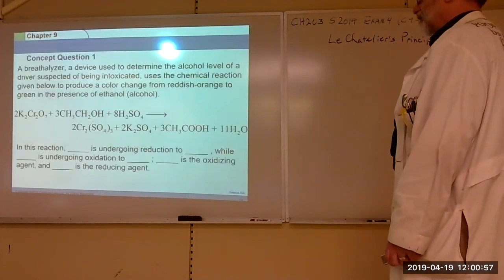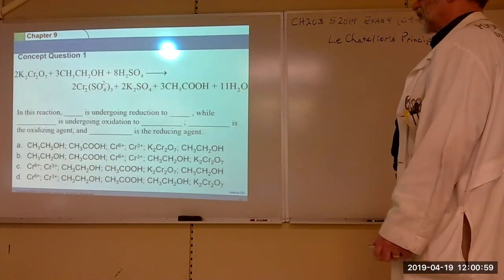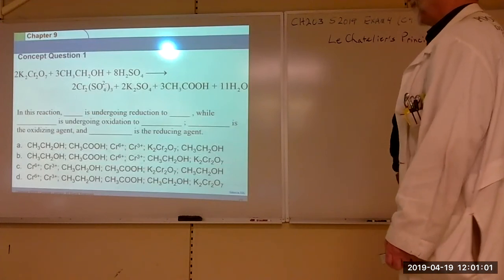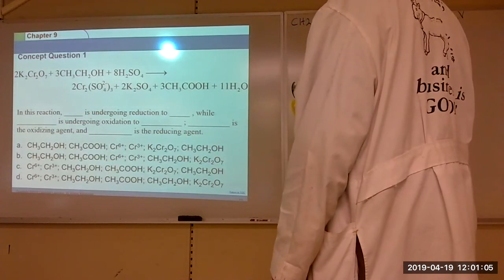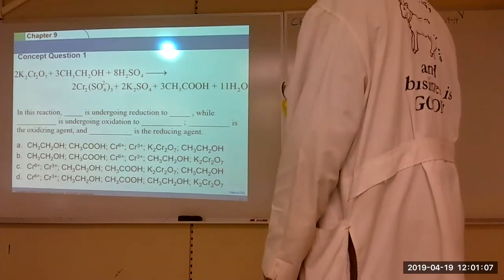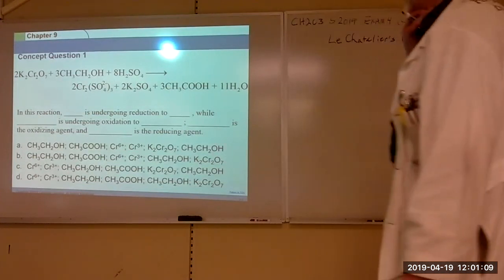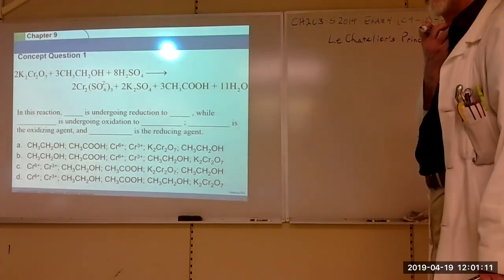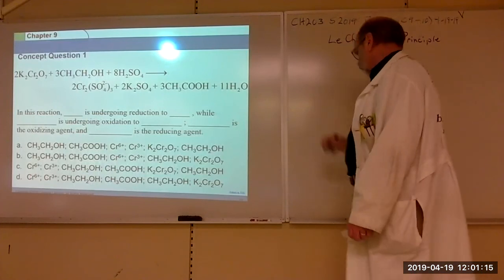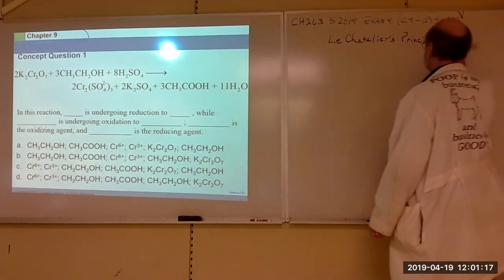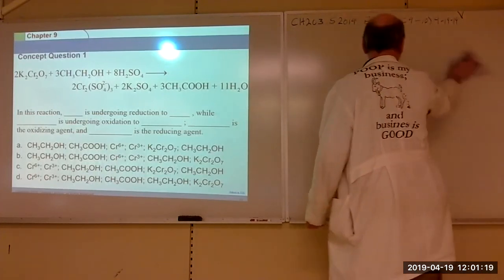Let's see. Oh, we did concept questions. All right. I thought we were going to talk about, I didn't have slides in there for that, where we have multiple types of reactions.